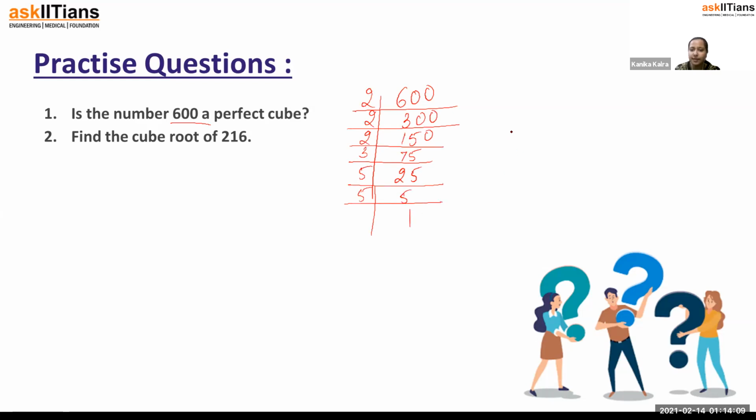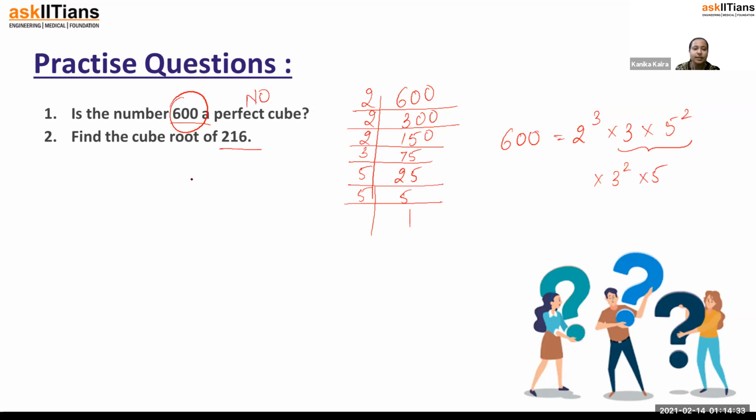So the prime factorization of 600 is actually 2 cube into 3 into 5 square. So these are not perfect cubes, as to make it a perfect cube, we need to multiply it with 3 square and 5. So that means 600 is not a perfect cube. So the answer is no.